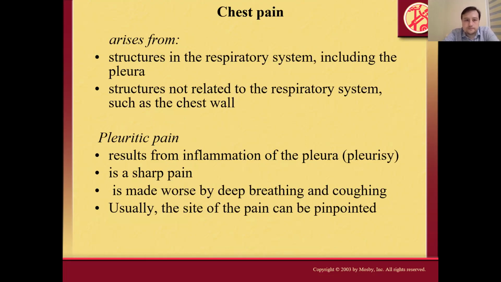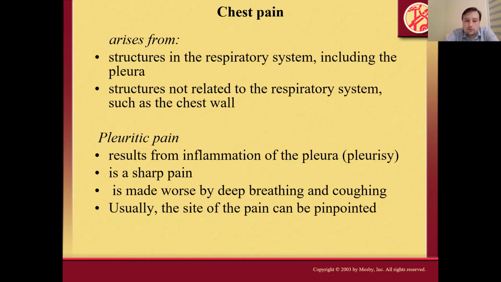First, our complaint is chest pain. What do we need to know about chest pain? First of all, remember that chest pain arises from structures in the respiratory system, including the pleura, and structures not related to the respiratory system, such as the chest wall.